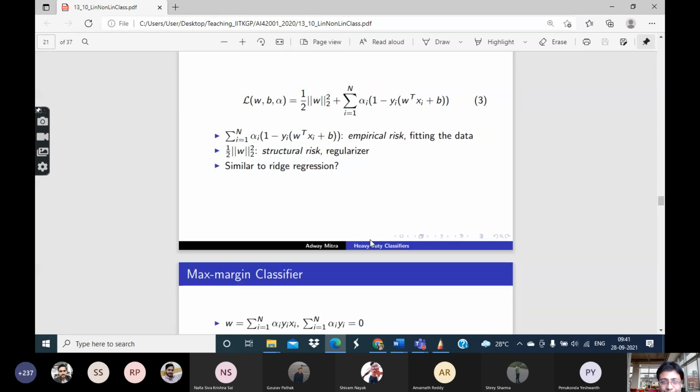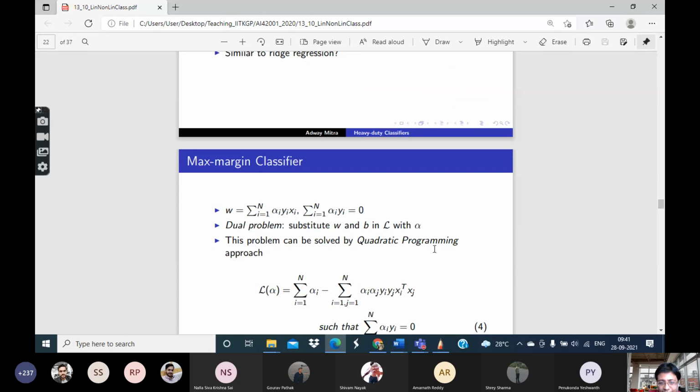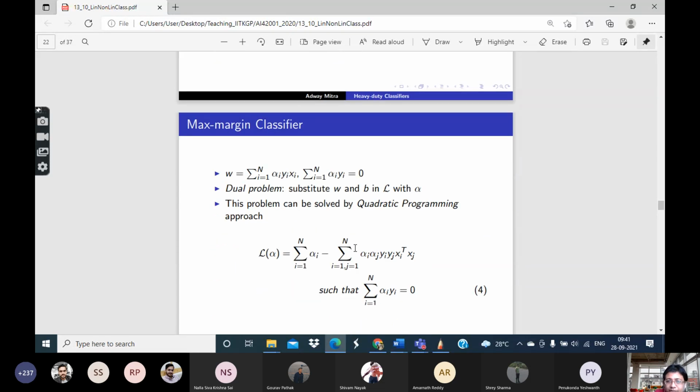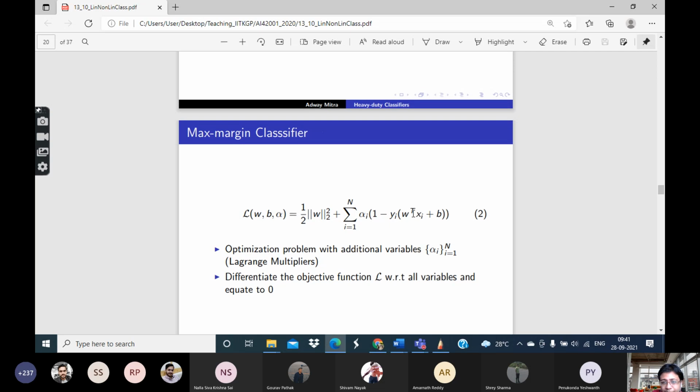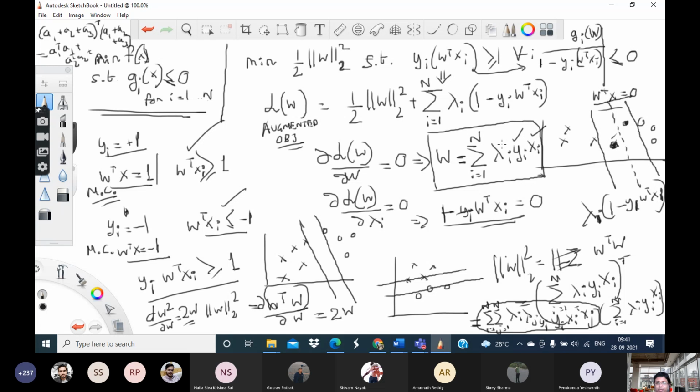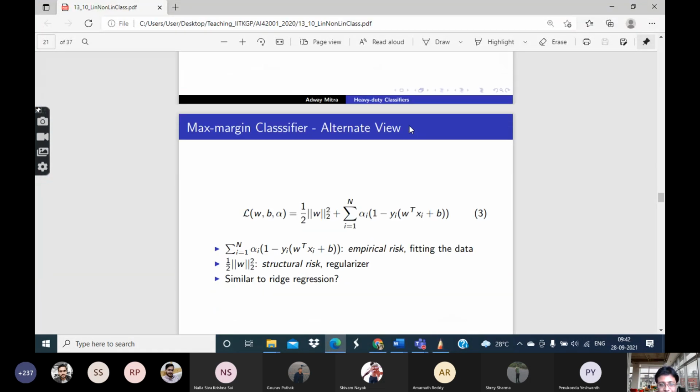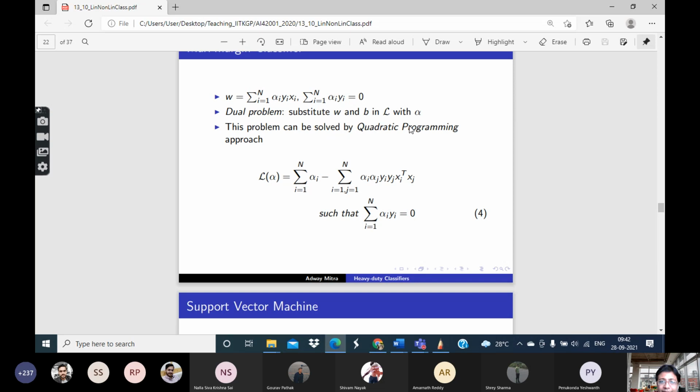Whenever I see any w in this equation, I simply replace it by this expression for w, that is, w is equal to the summation over all i of lambda i yi xi. Then w is eliminated from the system, and I get a function which contains only the lambda i's.